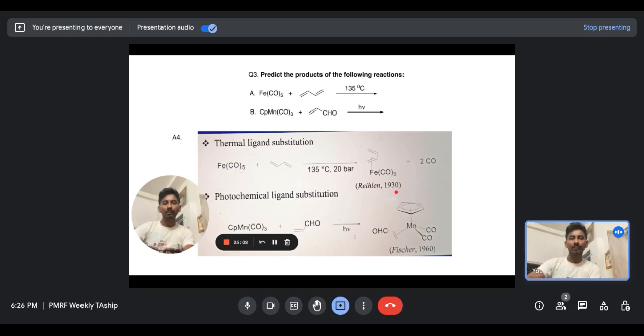In one of the cases, you can see that photochemical irradiation takes place, where in this CpMn(CO)3 molecule one of the COs is substituted by the double bond CHO under photochemical irradiation to produce this 18 electron complex, where the double bond is bound to the manganese center.